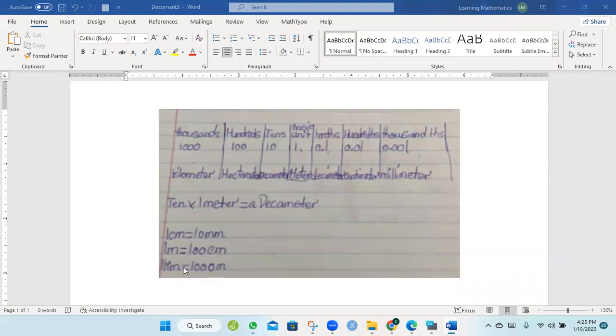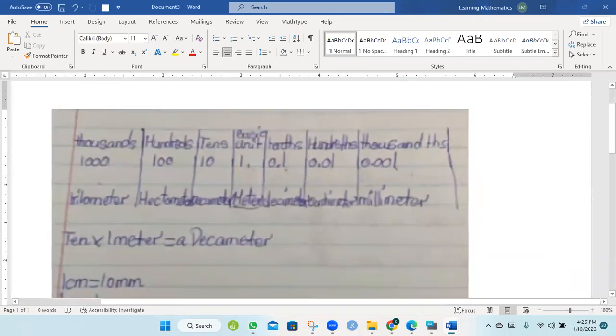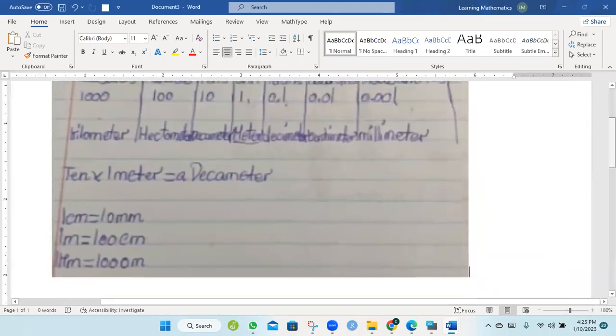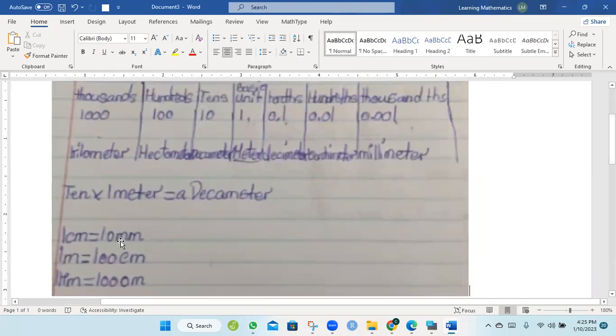In this information we have here, as we can see, 1 centimeter is 10 millimeters. If you have a ruler nearby, 1 centimeter is divided into 10 divisions. Each division is a millimeter. Now, 1 meter is 100 centimeters.